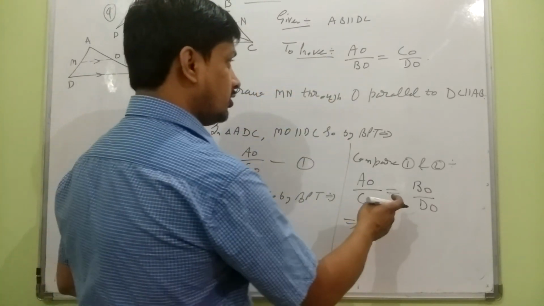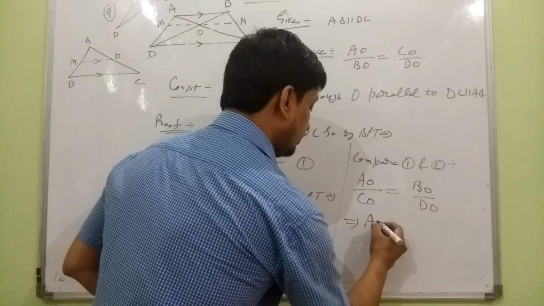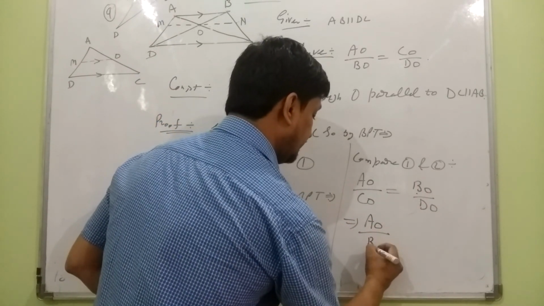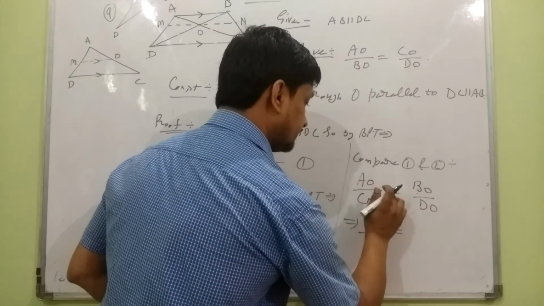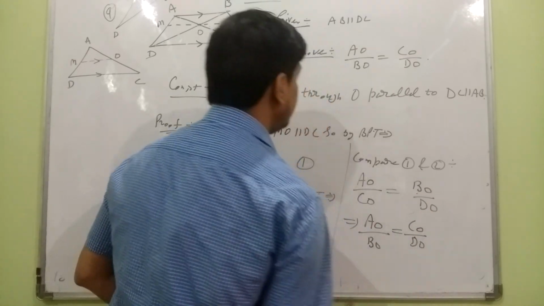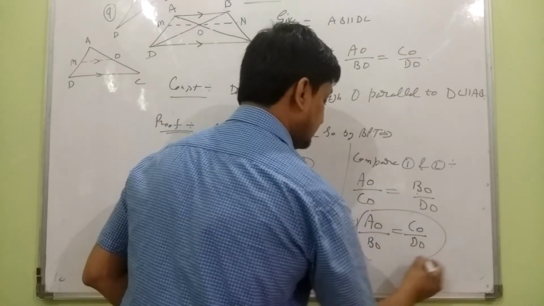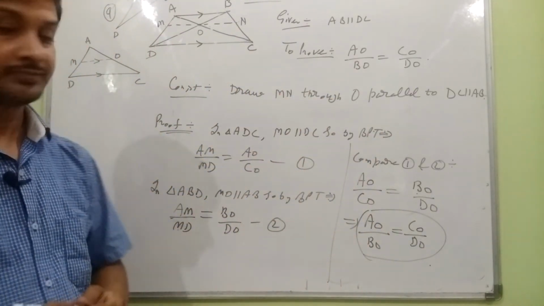We can just cross multiply BO and CO. So AO upon BO will come here, and CO upon DO on the other side. So I think this is the required result. Yes, this is the result. Okay, so note this down.